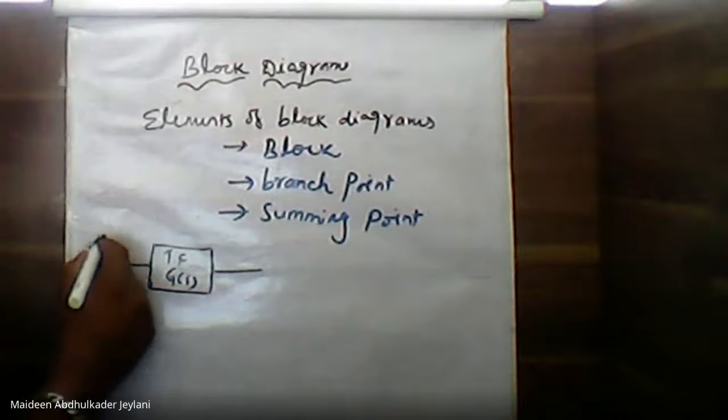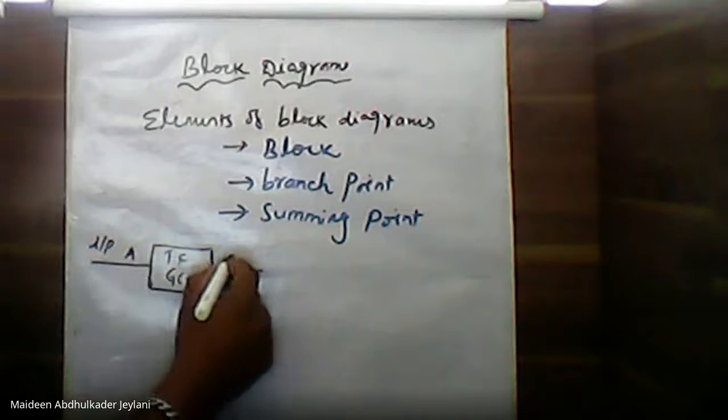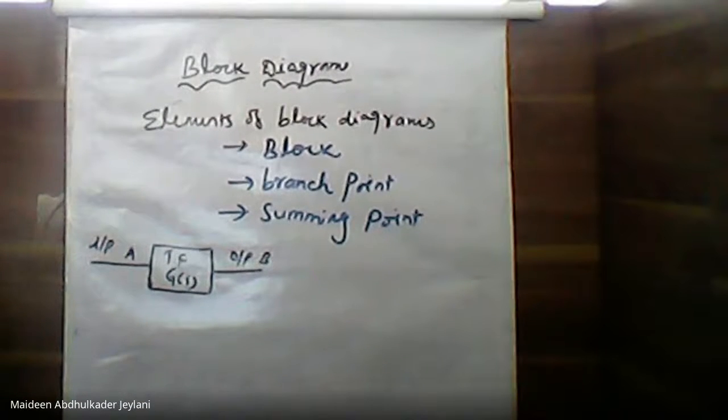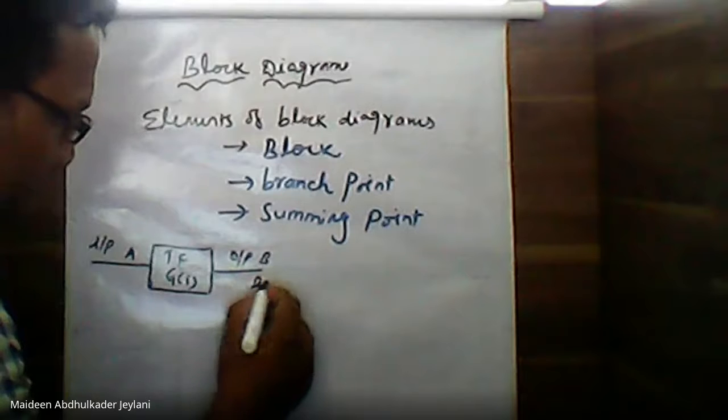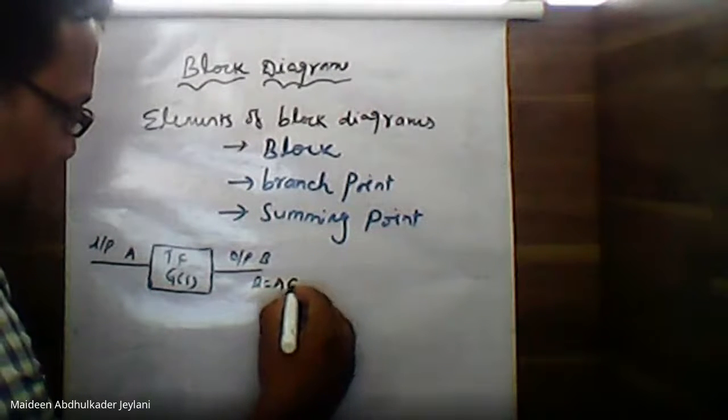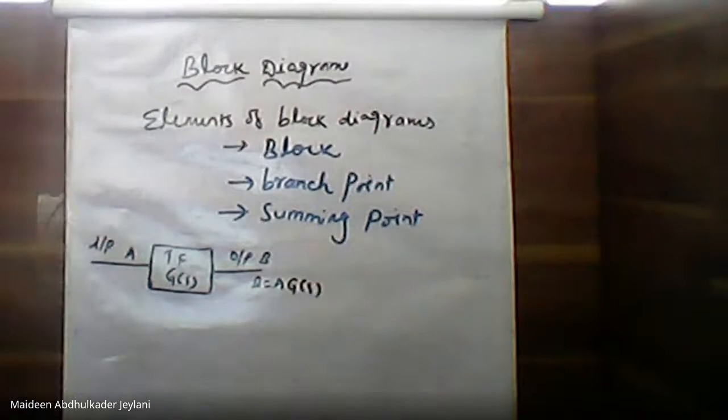Here it is our input A and output B. So what should be our output? B equal to the product of your system gain or transfer function with your input, A into G of s. So our output or response of the system B equals our input with the system gain.